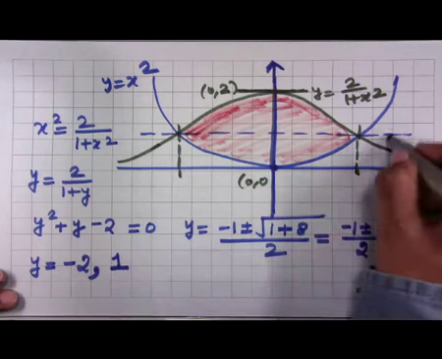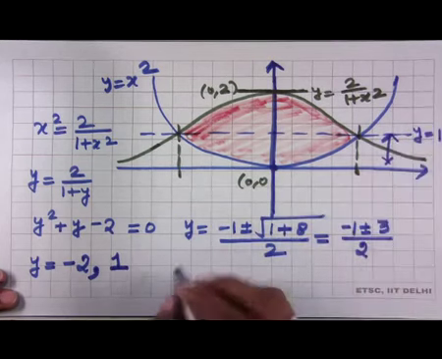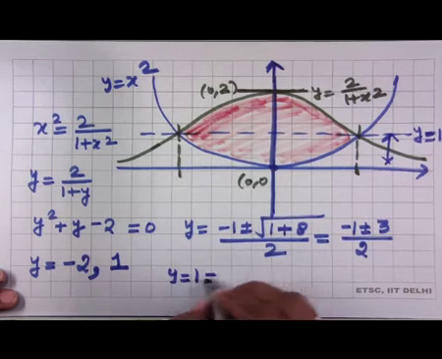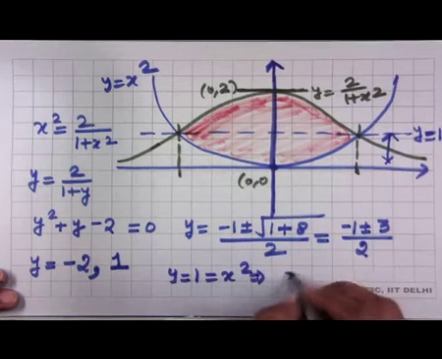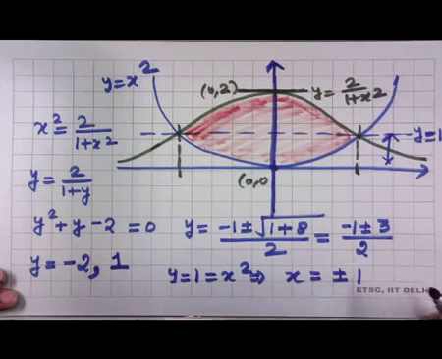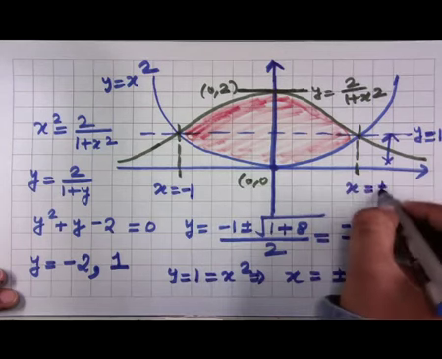So, y equals 1. Corresponding values of x, if you put y equals 1, are x equals plus minus 1. So, this is your x equals minus 1 and this is your x equals plus 1.